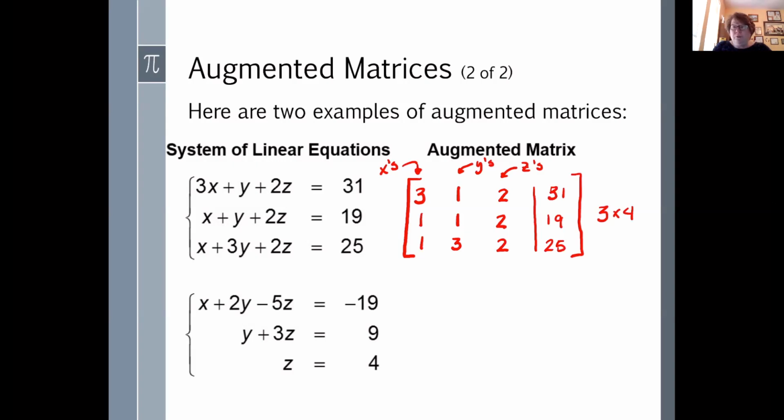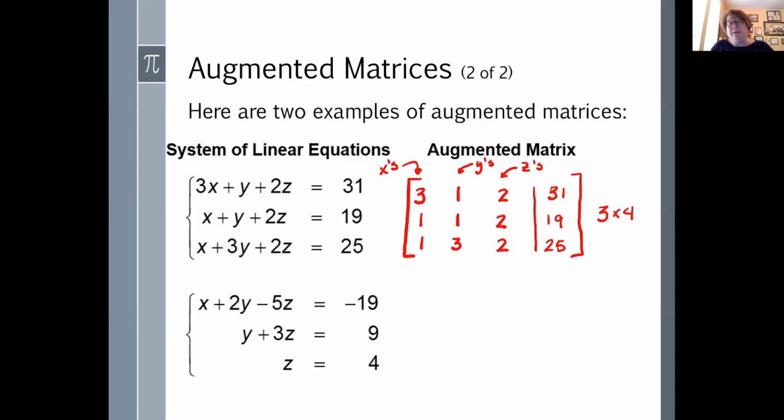So the first row of my matrix is correct. Let's look at the second row. That should be the coefficients on X, Y, and Z in the second equation and the constant, 1, 1, 2, 19. I'm good to go. The third row should be the coefficients on my X, Y, and Z and my constant, 1, 3, 2, 25. 1, 3, 2, 25. So I am good to go.